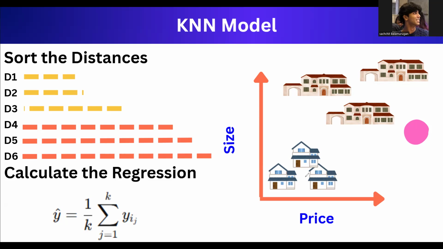But if we wanted to know the exact price, we would use regression. Because what are we doing in this? We're predicting a numeric value, not a categorical value. So if we want categorical values, we would use classification. If we want to predict a numeric value, then you would use regression.